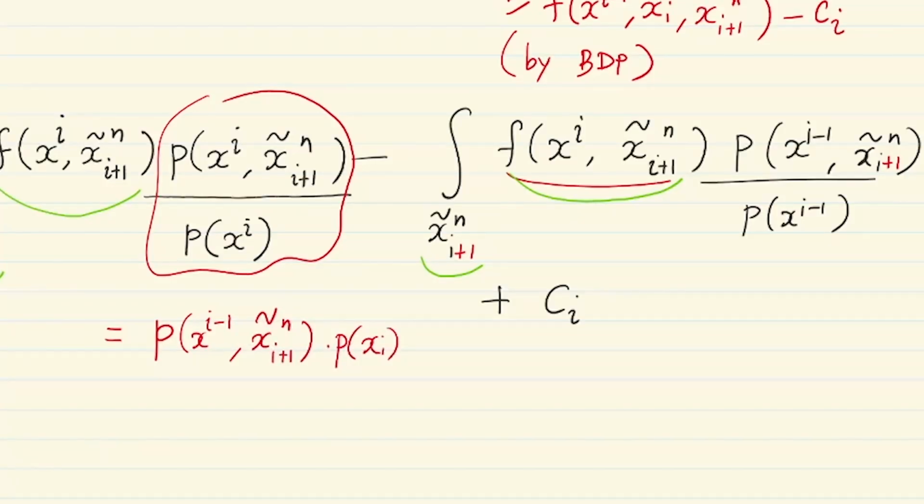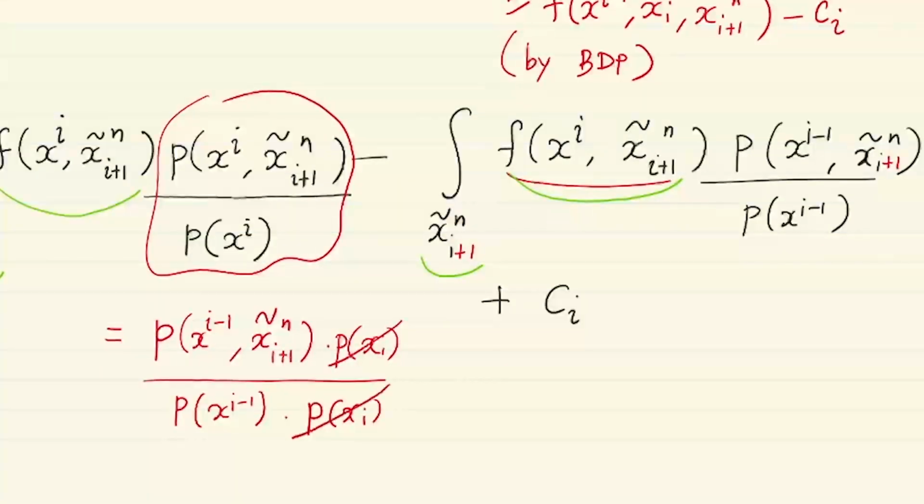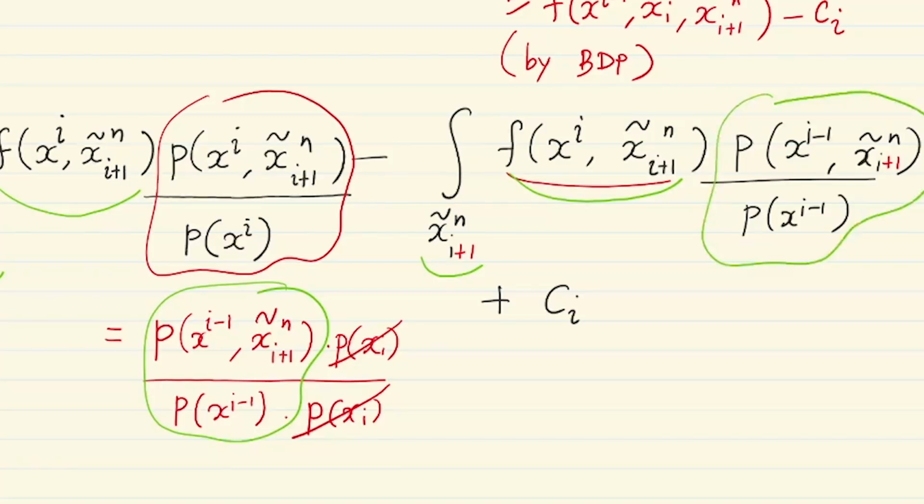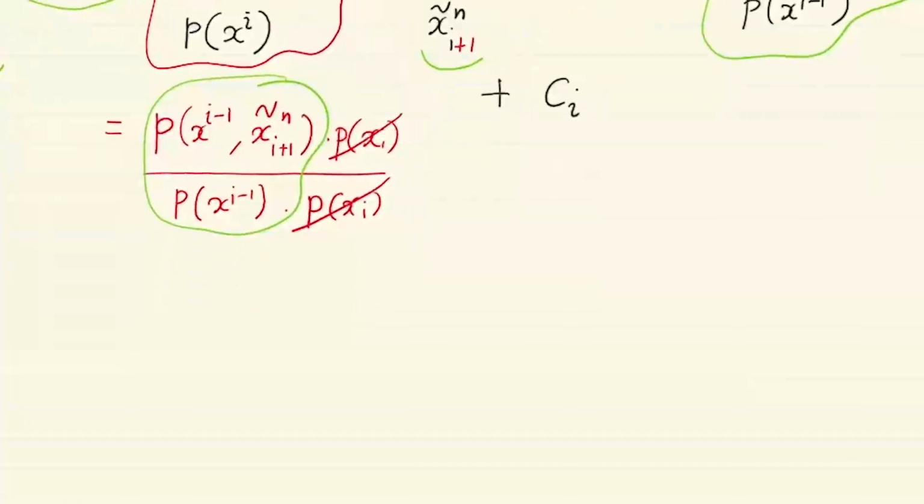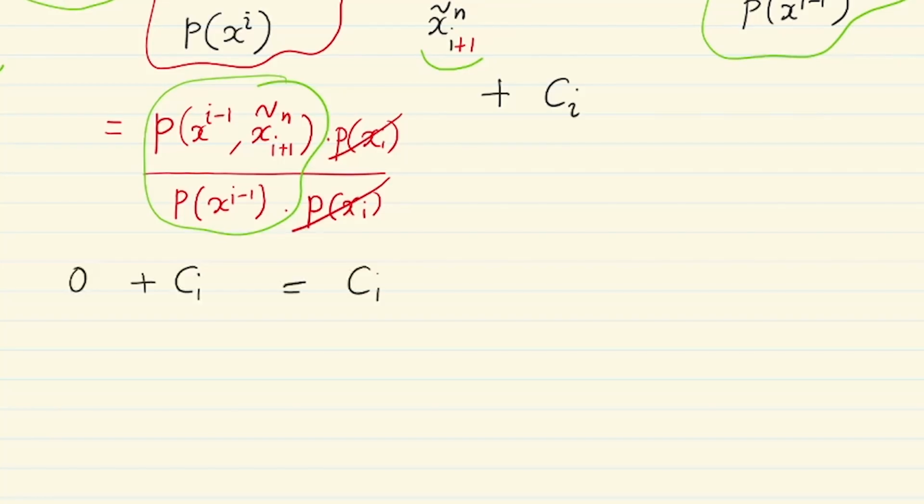I am singling out p of x_i because of the product structure, using the independence of the x_i's, divided by, I will again single out p of x_i from the denominator. And so this p of x_i cancels, and we now have the same term as here. So it basically means that the first two integrals are equal, and so this expression is exactly equal to 0 plus c_i, which is c_i.